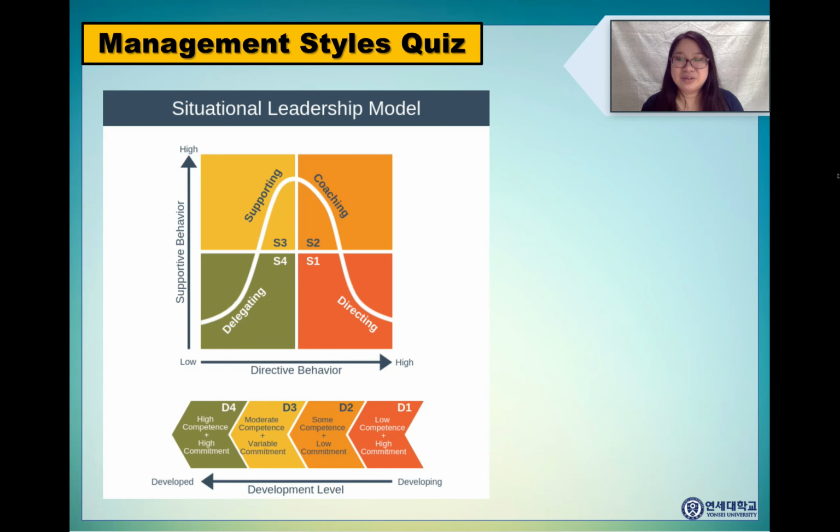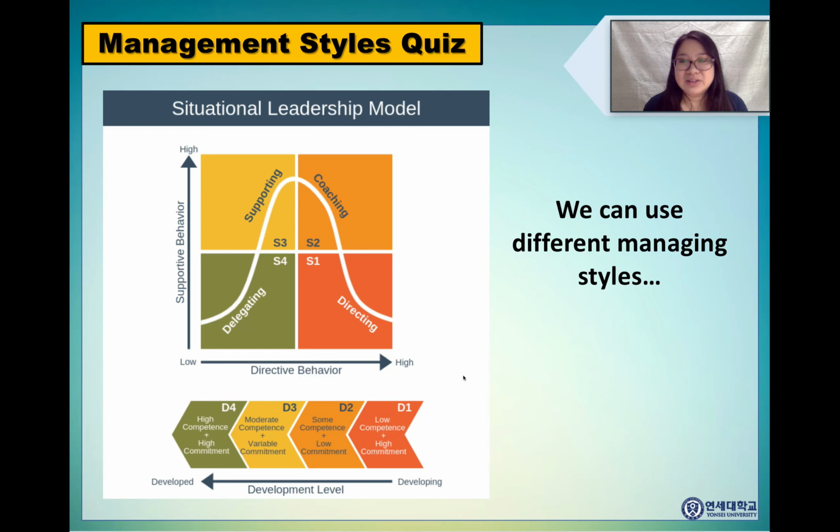I created this quiz based on the situational leadership model. This is a model that shows the different ways that we can approach management of different types of employees. So we can use different managing styles with different employee types.